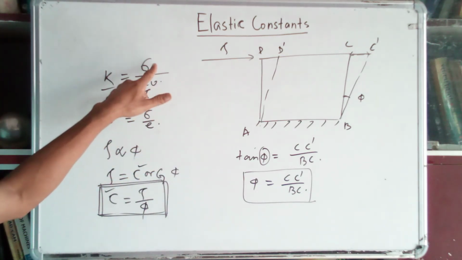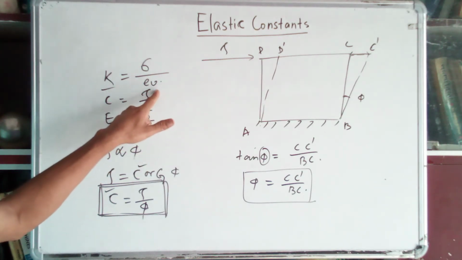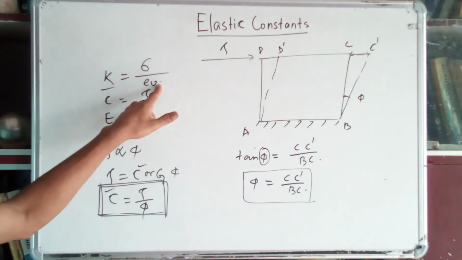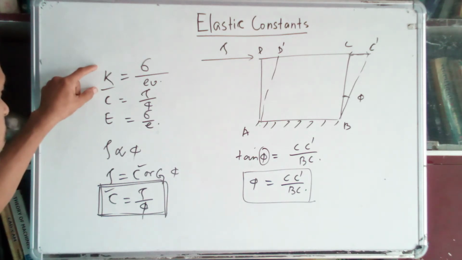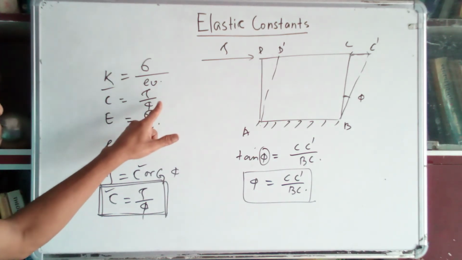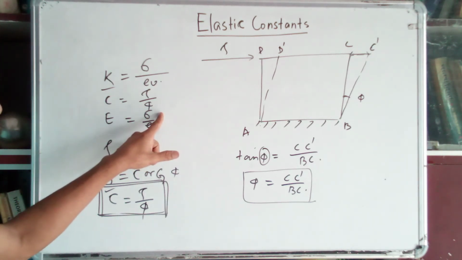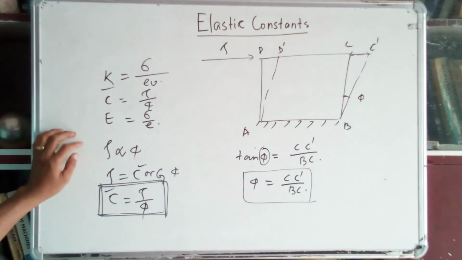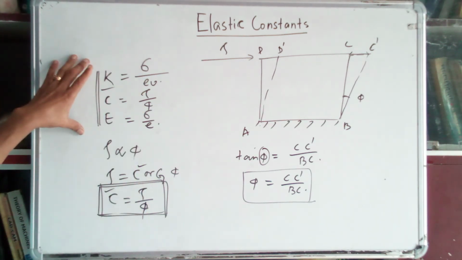Hydrostatic stress proportional to volumetric strain is termed bulk modulus, shear stress proportional to shear strain gives modulus of rigidity, and stress proportional to strain gives Young modulus. So these three are elastic constants.